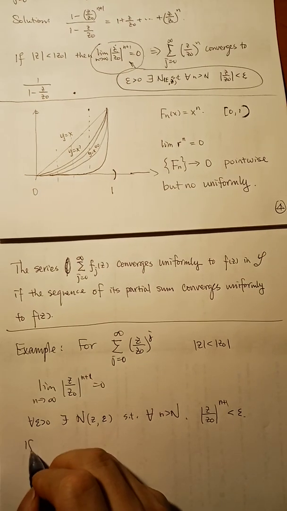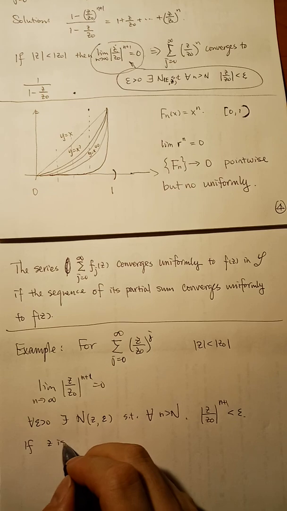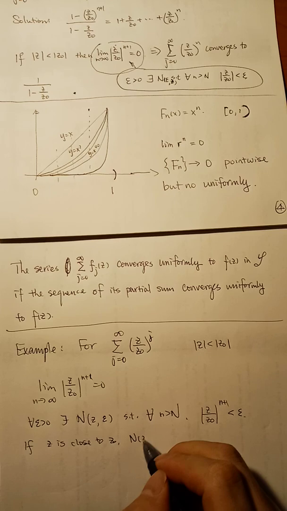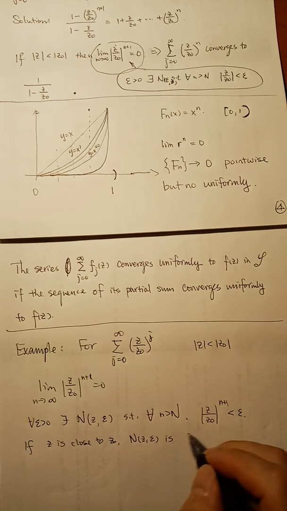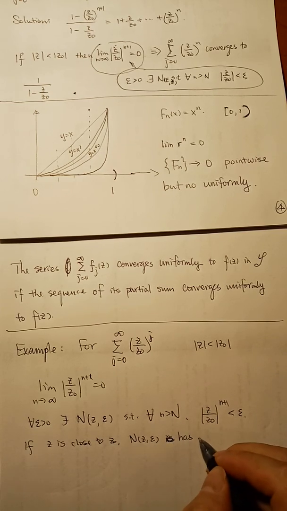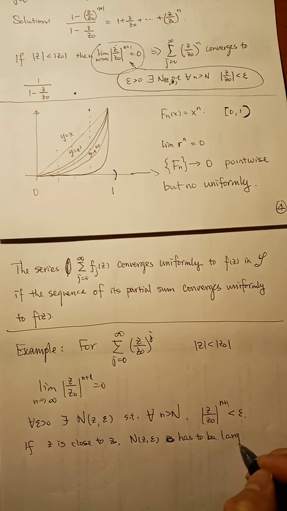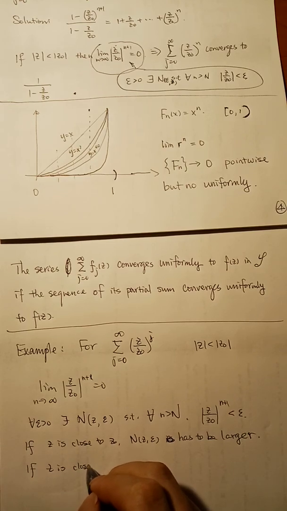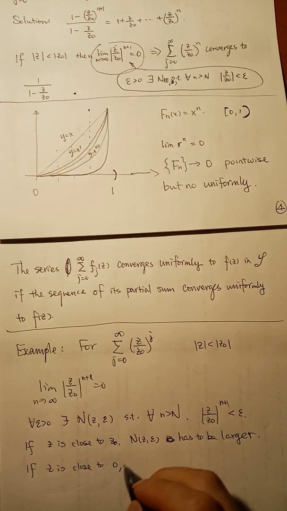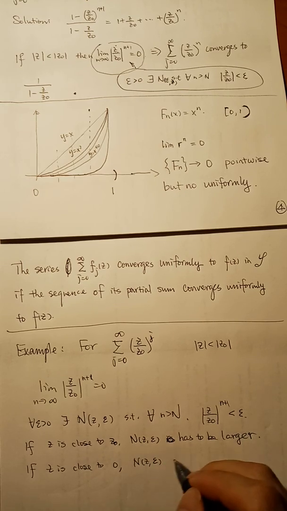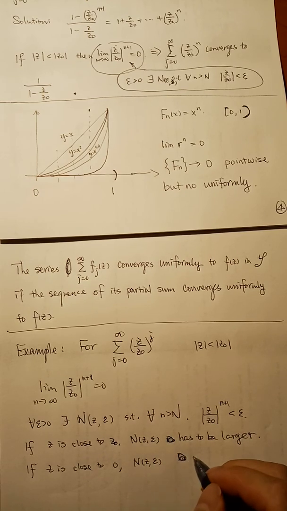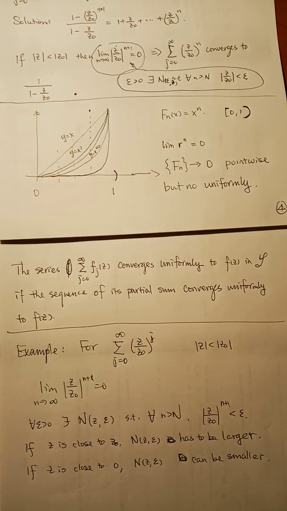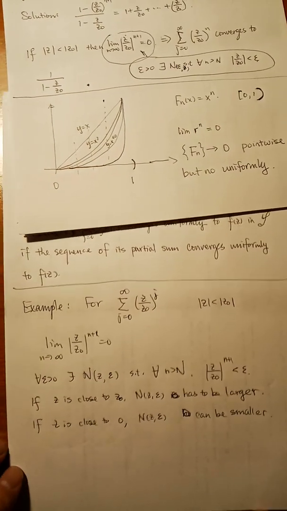And if z is close to z0, N of z and epsilon has to be larger. If z is close to 0, not z0, then N of z and epsilon can be smaller. Okay, so that's not uniform. That's not what we want to call uniform.